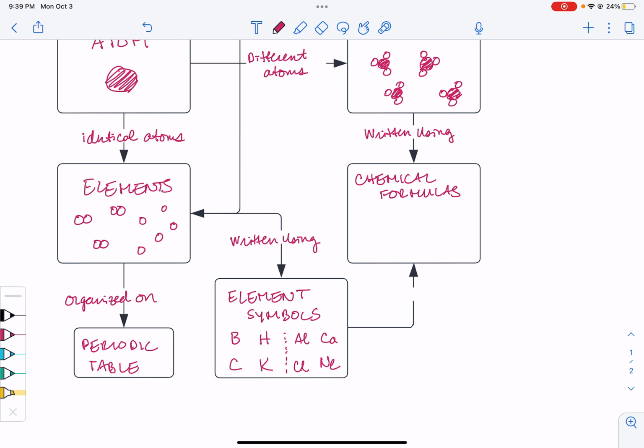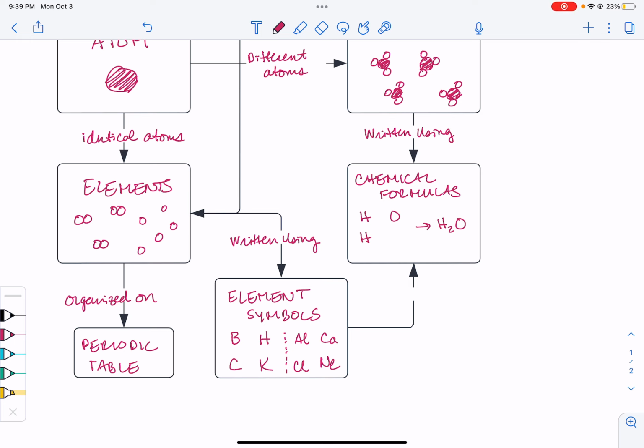Now, our chemical formulas use our element symbols, such as hydrogen and oxygen, and use subscripts to tell us how many of each element are in a substance. So if we have 2 hydrogens and 1 oxygen atom, we would get H2O. So that 2 tells us that we have 2 hydrogens, and the O tells us that we have 1 oxygen.